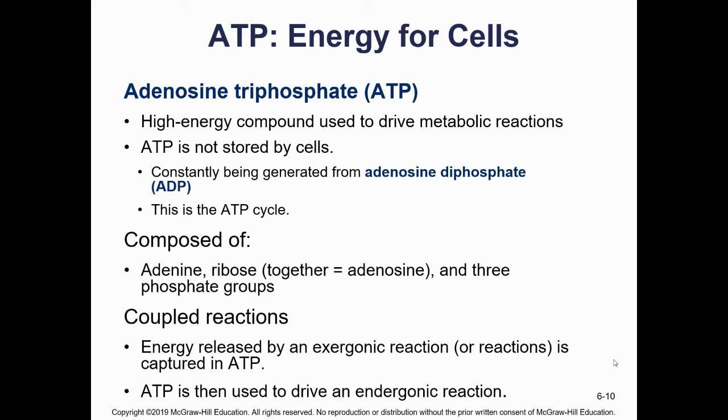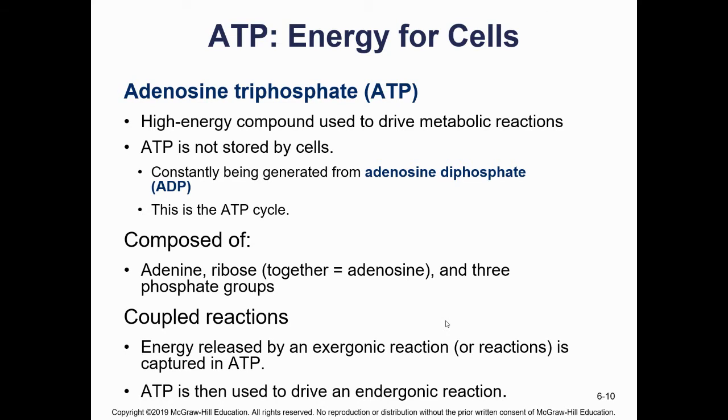And so what we'll look at with our ATP is that we always use that as coupled reactions. When our cells do work, we always have a coupled reaction. That means we have to have an exergonic reaction coupled with an endergonic reaction. In our cells, in order to do work, we need energy.